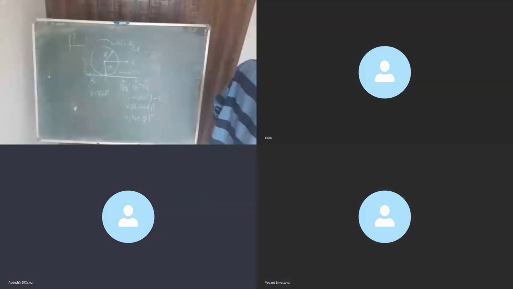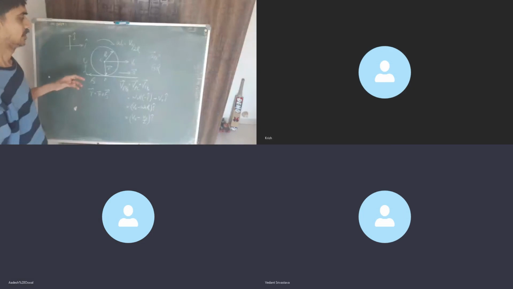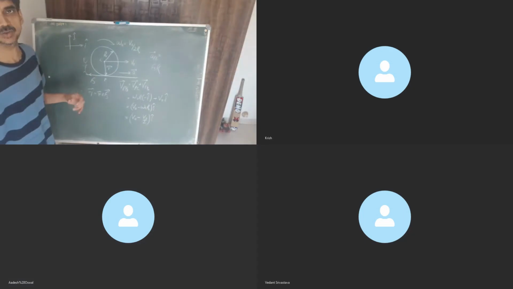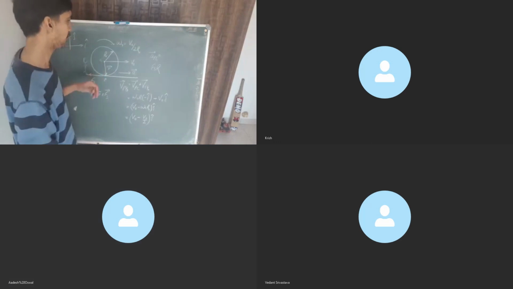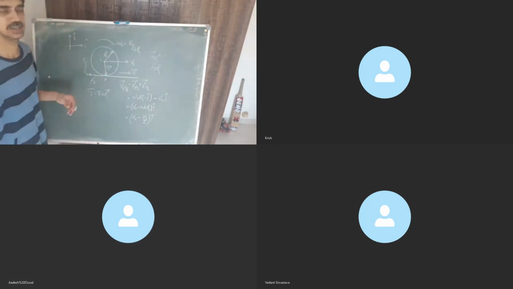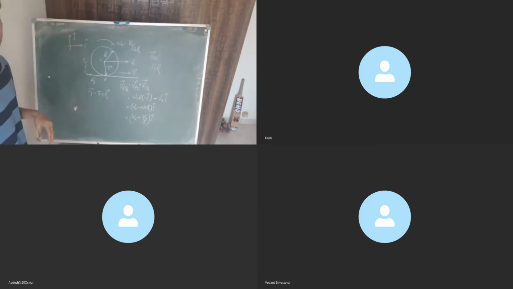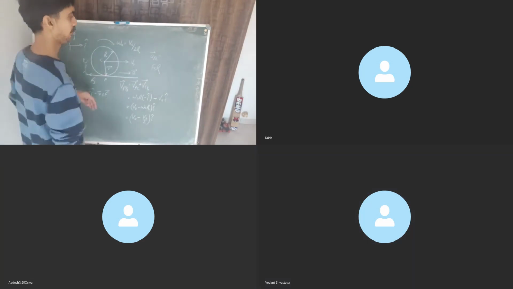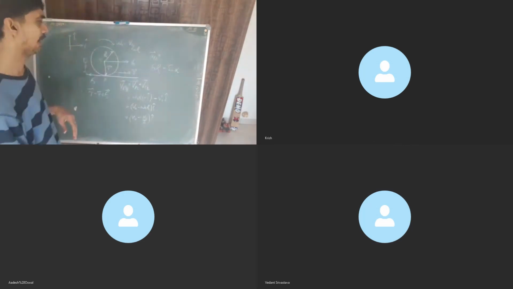Yes, sir. The only torque produced over here is courtesy friction, about point C, and that is equated to Fs into R. Now, Fs into R we know will be equal to I naught into alpha. I'll be using it later, but for now, Fs into R will be equal to I naught into alpha.